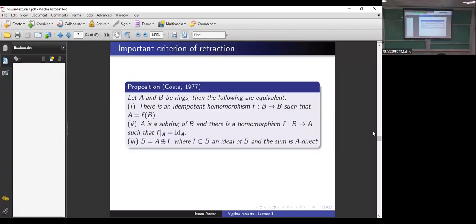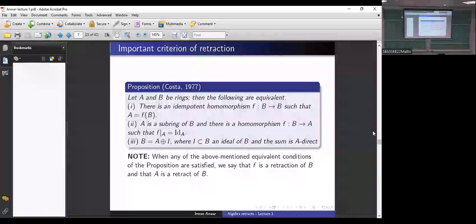The first property says that there exists an idempotent homomorphism F from B to B, and under that particular condition, F restricted to A is the identity, and this particular condition is equivalent to saying that B is equal to A direct sum with I, where I is an ideal inside B. By the way, I will unfold a few more results where people are trying to construct the retraction, how the algebra retraction is coming out of these kinds of maps. So this is one very important result in this particular context.